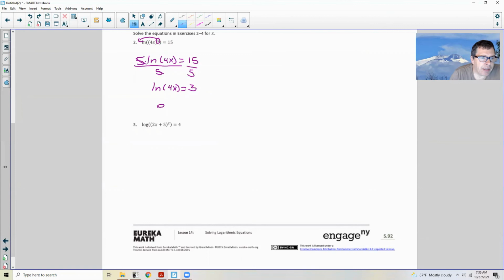Now I take e to the power of what's on the other side of the equation and set it equal to my x, which in this case is 4x. Okay, so e cubed equals 4x. To solve for x, I just simply divide by 4. The 4's cancel, and I get x to be e cubed over 4.